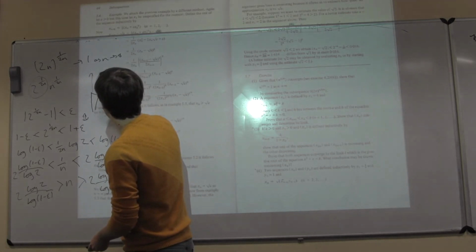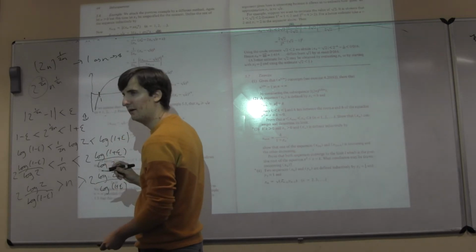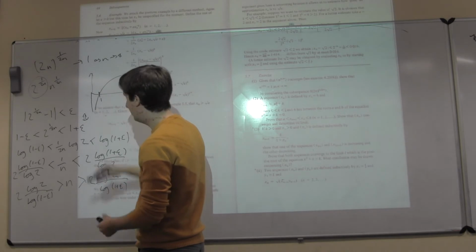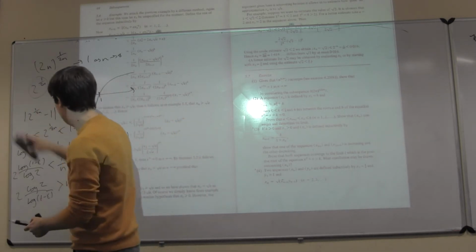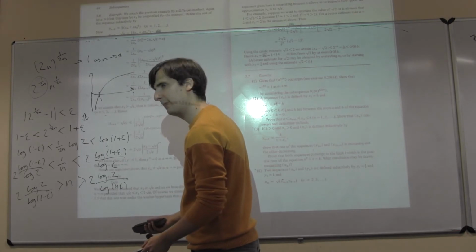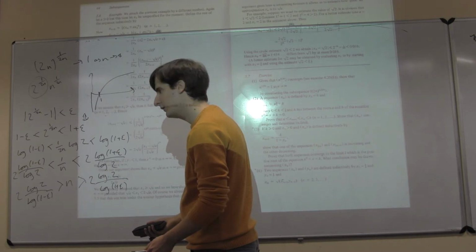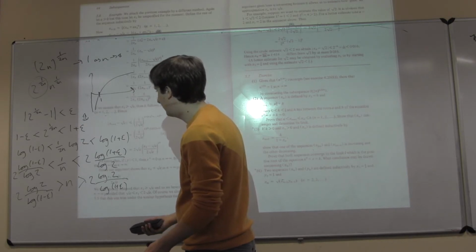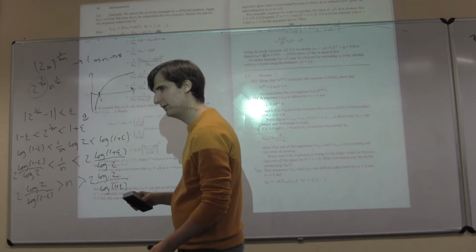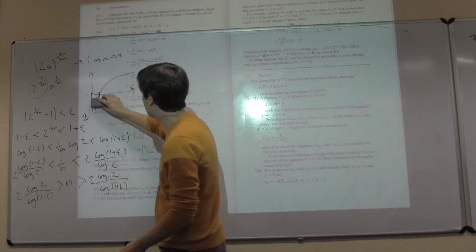It's useful to remember what these things look like. It crosses at 1. So given this crosses at 1, what mistake have I made? We cannot have... No, log 2 is not the problem. It just goes negative below 1.